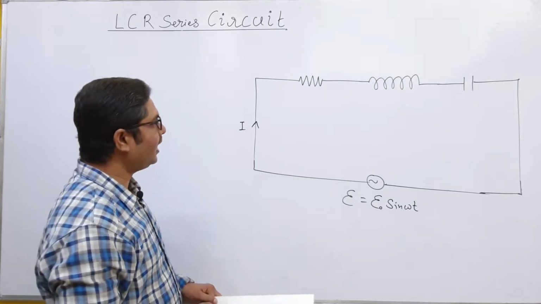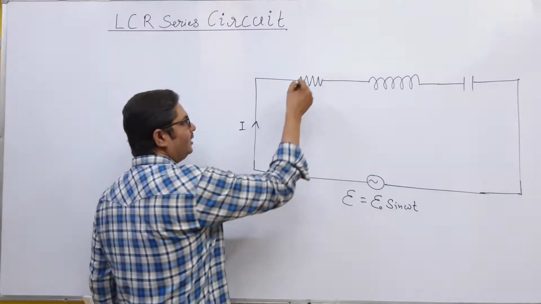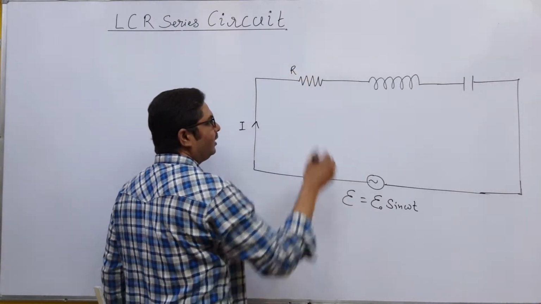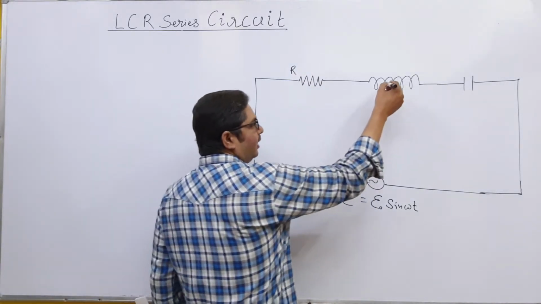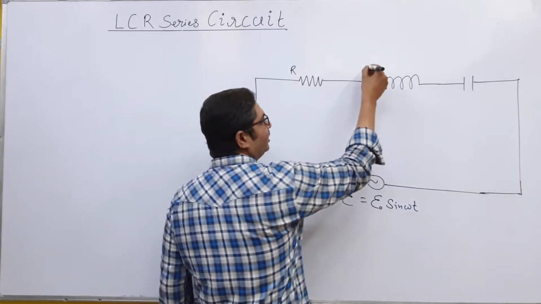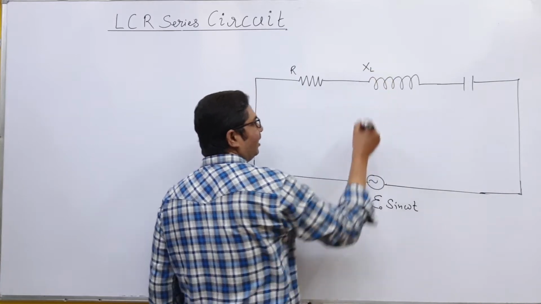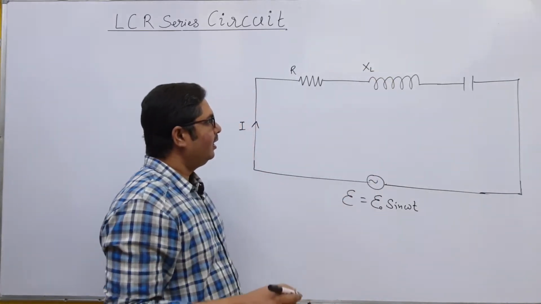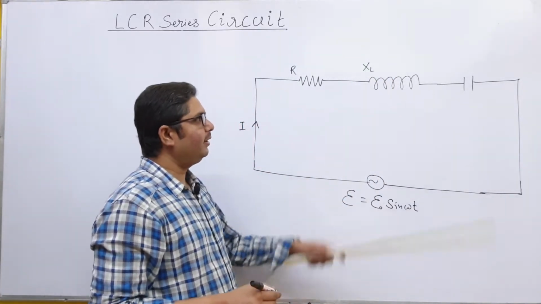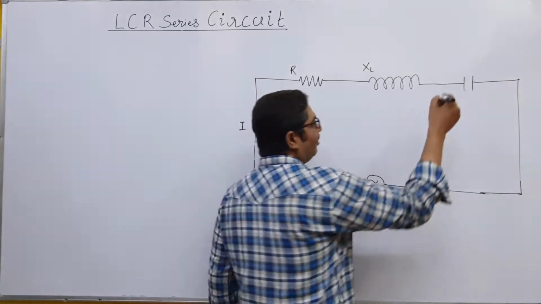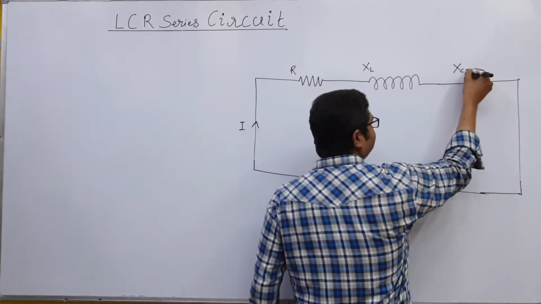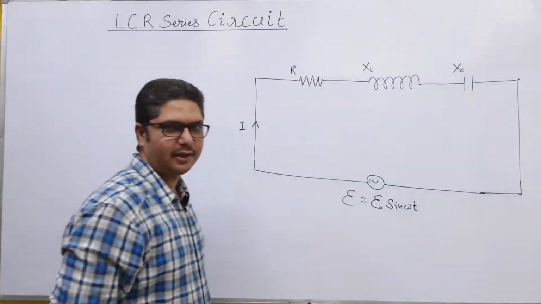If the current is I here and the resistance is R, here it is the inductor, so this is XL, known as inductive reactance, and here we have XC, known as capacitive reactance.